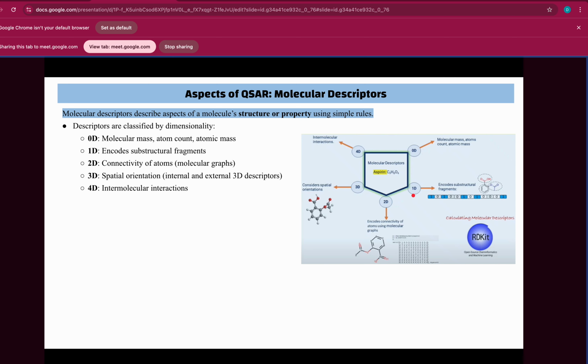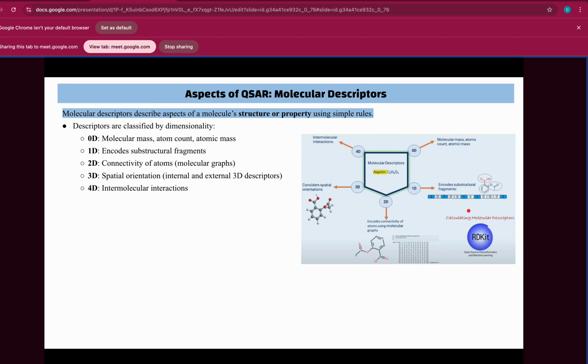Then comes 1-dimensional molecular descriptors, which encode substructural fragments, which tell you what substructural fragments are present, such as if a benzene ring is present or if a carboxyl group is present. These are the substructures of the bigger chemical structure. This information is kept in a series of strings of 0 and 1.